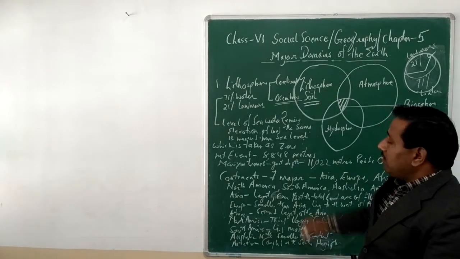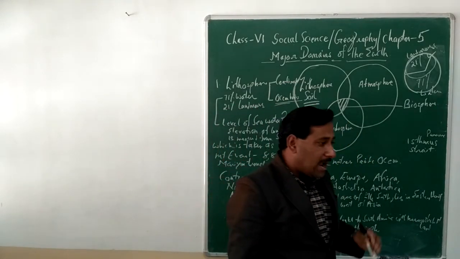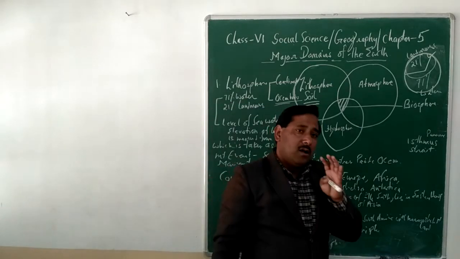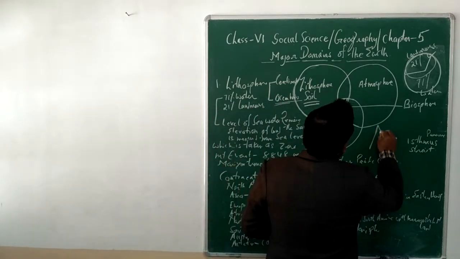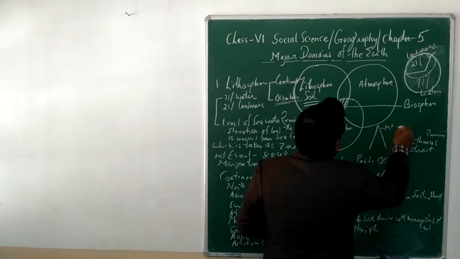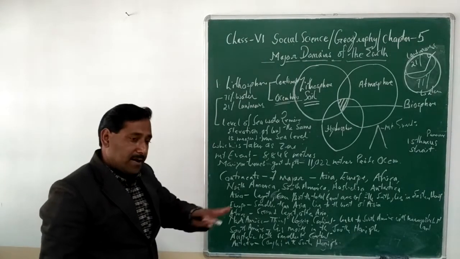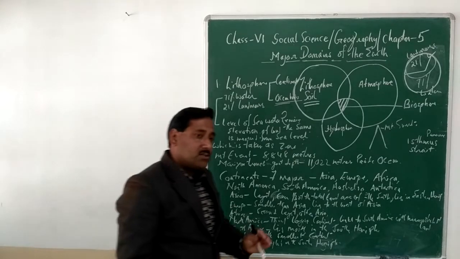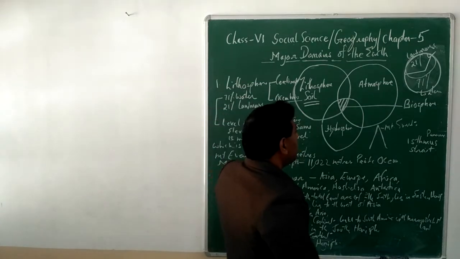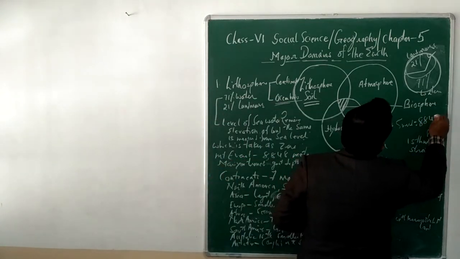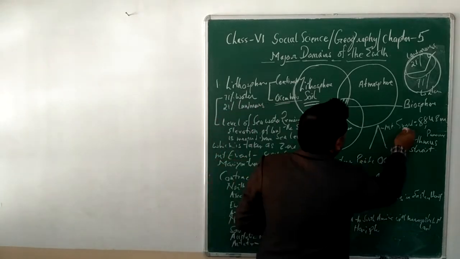Now, talking more about the lithosphere, you know that the highest point of elevation on the planet Earth is Mount Everest, which is around 8,848 meters. Mount Everest is the highest point.